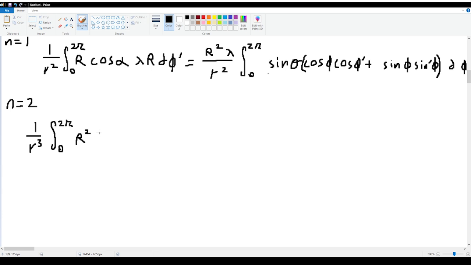And for the Legendre polynomial, we're going to have the second order Legendre polynomial, which is this right here, or 3 cosine squared minus 1 times 1/2. So this is going to complicate things a little.